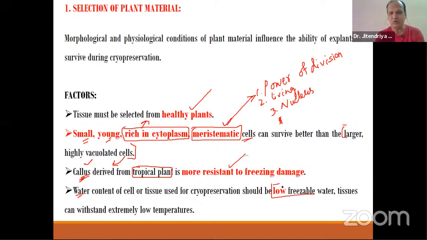It should be low freezable water. Tissues can withstand extremely low temperature. So these conditions must be fulfilled for that plant material. If these conditions are fulfilled, then definitely it can go for the cryopreservation technique.